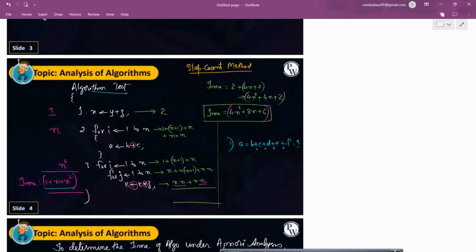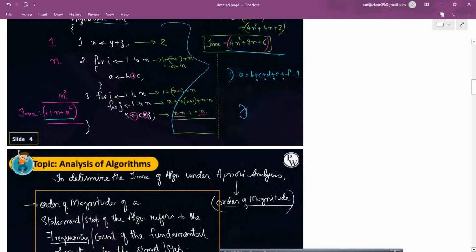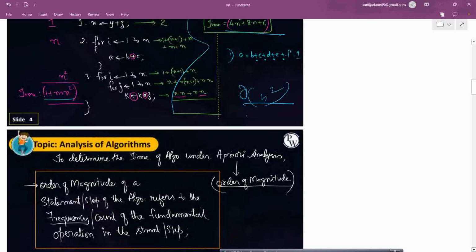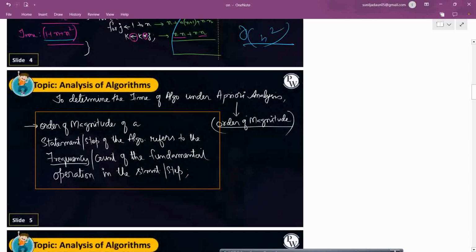In the algorithm we discussed earlier, the time complexity is 4n square plus 18n plus 6, which is order of n square, right? To determine the time of the algorithm under a priori analysis, we use order of magnitude. A priori means this doesn't give you a fixed value.